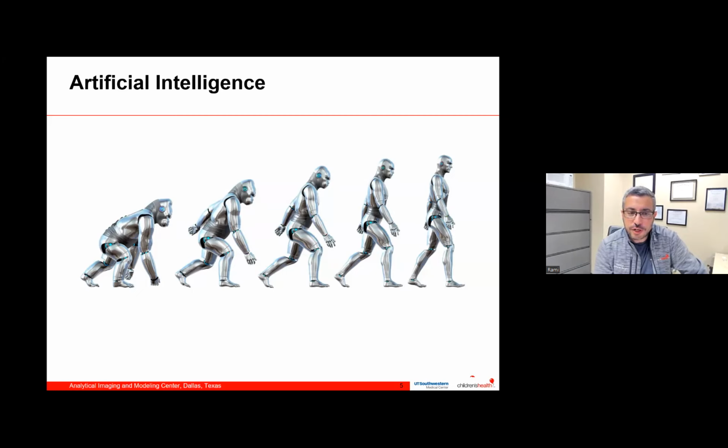But in plastic and craniofacial surgery, even in medicine or healthcare generally, artificial intelligence is still lacking, especially in specialized medicine such as craniofacial surgery. But why is that? One of the reasons might be lack of data.